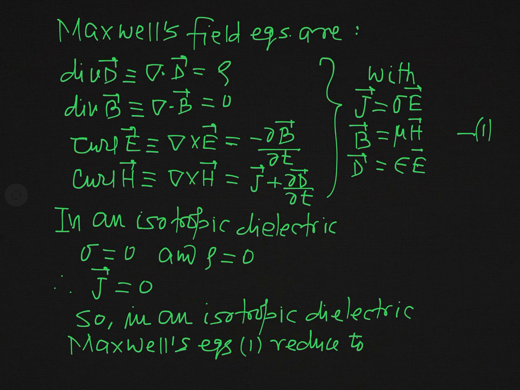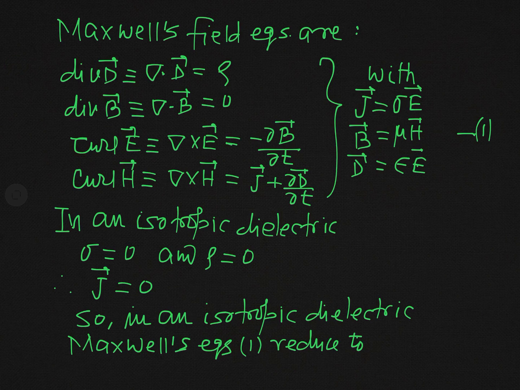So again, let us start with the general form of Maxwell's equations, and after that we will find Maxwell's equations in this particular medium, and then after some mathematical calculation we will find the wave equation.